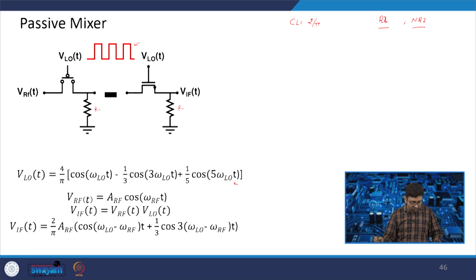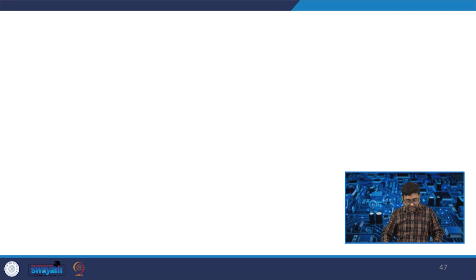Now we will try to understand how noise performs in this passive mixer. Consider the noise source, the source voltage Vn Rs, and ground.